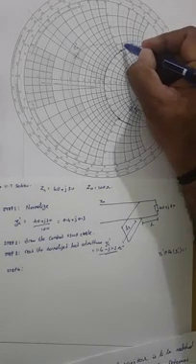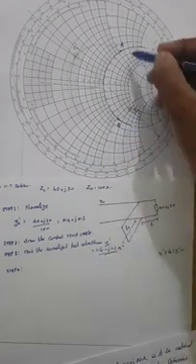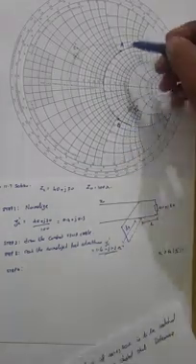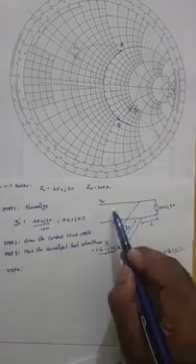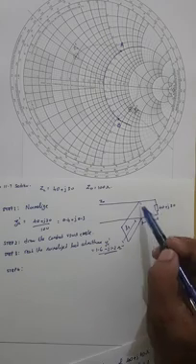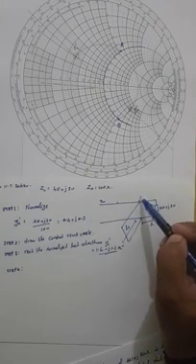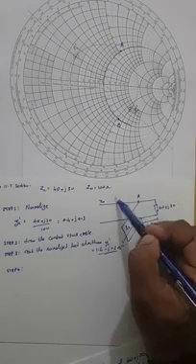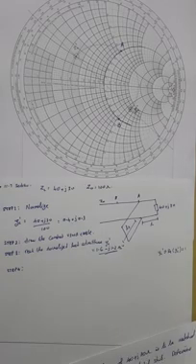Let me go ahead and mark them as A and B. Now, these 2 points A and B represent 2 points wherein you can have the stubs connected. Remember, we may either have a single stub or a double stub connection. So this is what is actually represented over there.